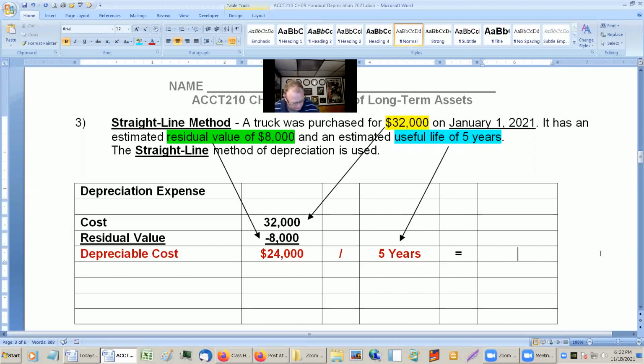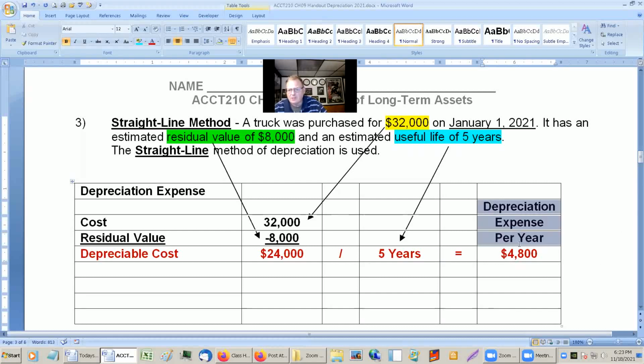Thank you. So this would be the depreciation expense. Every year for the next 5 years, until it's exhausted. Yeah, exactly. So this would be the depreciation expense per year.